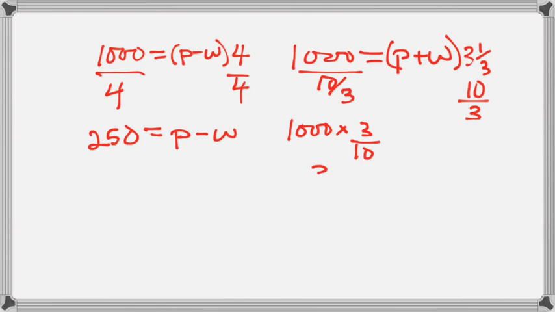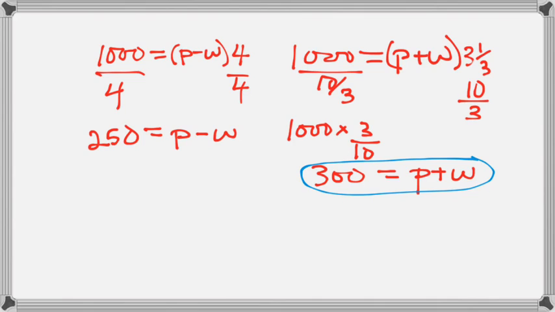Yep. So 300 equals P plus W. All right. I've got one nice and simple equation. I have another nice and simple equation. Are they set up now to eliminate very well?